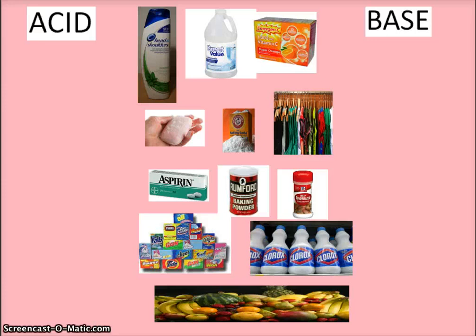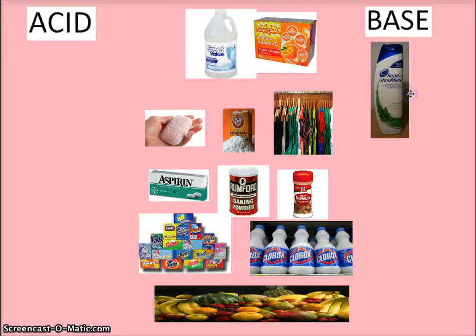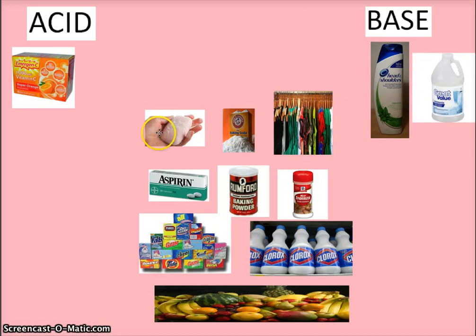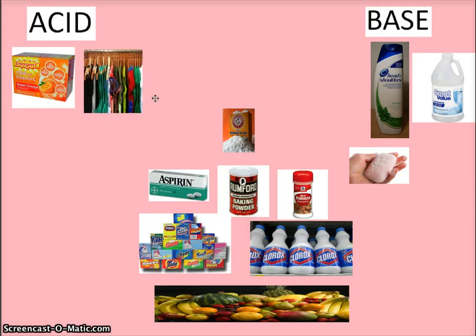Okay, let's see which of these are acids and which are bases. Shampoo, that's a base. Vitamin C, that's an acid. This is ammonia, a house cleaner. That's a base. Soap, that's a base. Dye in your clothes, that's an acid.